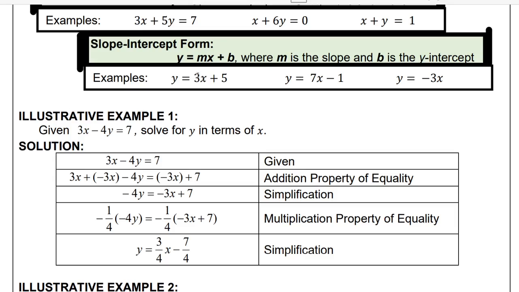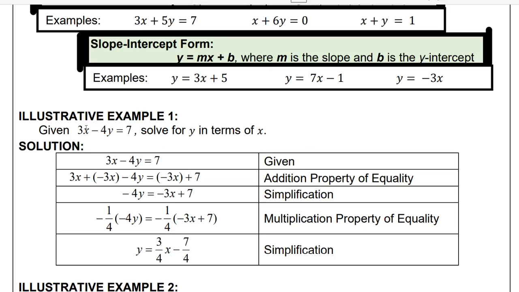So we have here, this is your slope and the y-intercept. Slope, this one, 7, and y-intercept. Another, this is your slope, but you don't have y-intercept.